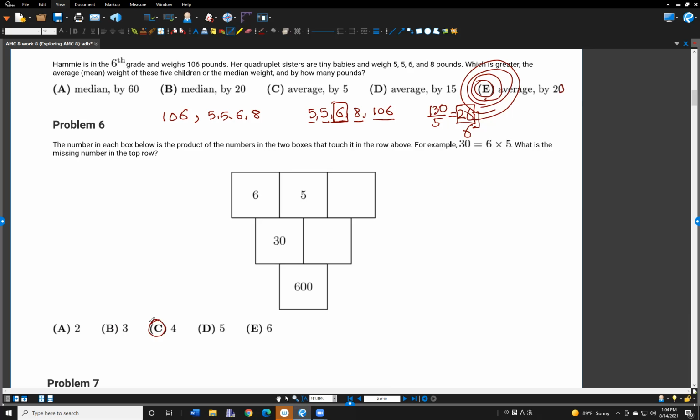But there's a rule: the product of the numbers in two boxes that touch. 6 times 5 is what? 30, something like that, okay? What was the missing number in the top row? This is the missing number. I also got C. Oh, you all got C, okay. Yeah, I also got C. All right, one more. I also got C. Excellent.